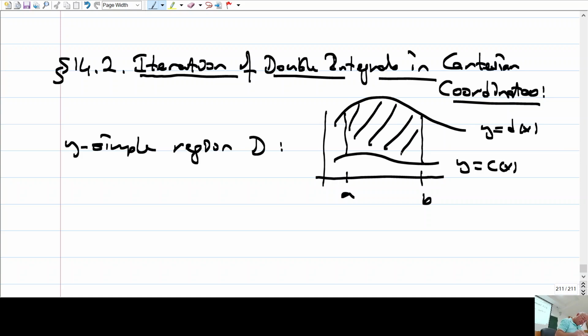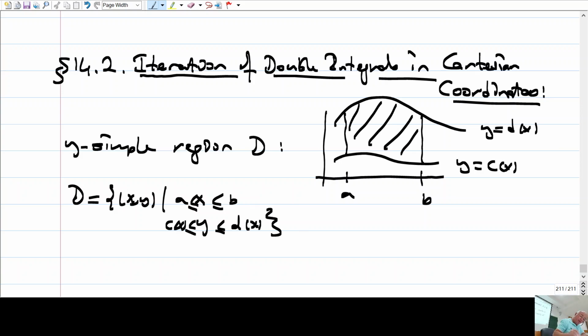So D consists of pairs of real numbers so that x is between a and b and y is between c(x) and d(x).